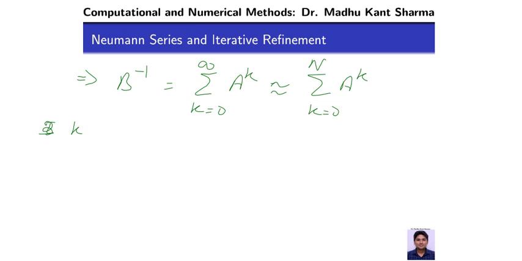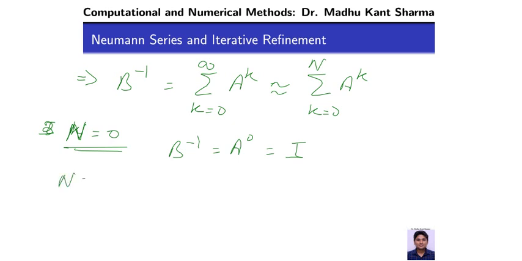For n equals 0, B inverse is A to the power 0, which is nothing but the identity matrix. That is how we define it, by the convention that the matrix power 0 is the identity matrix.